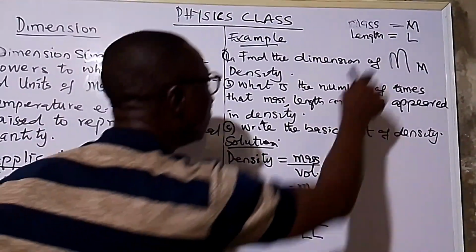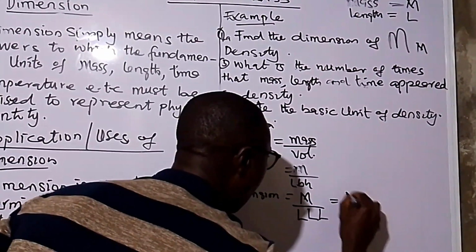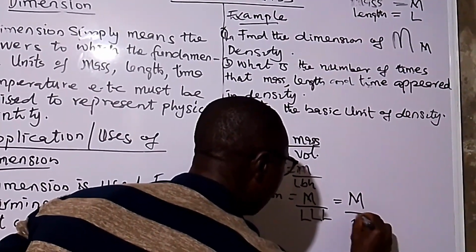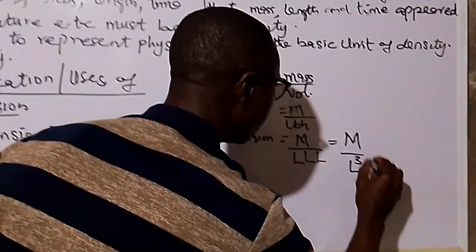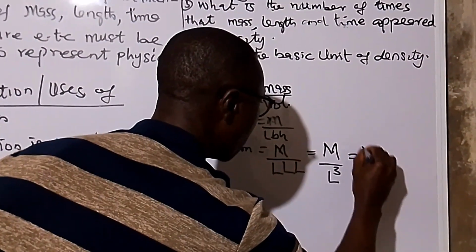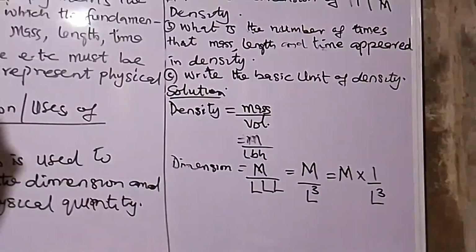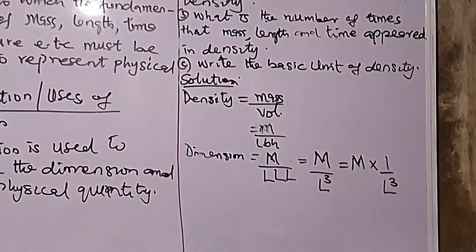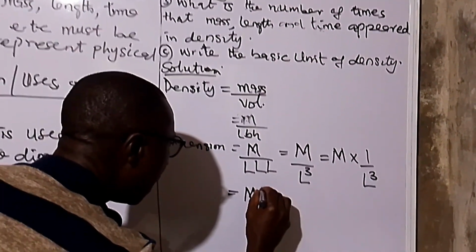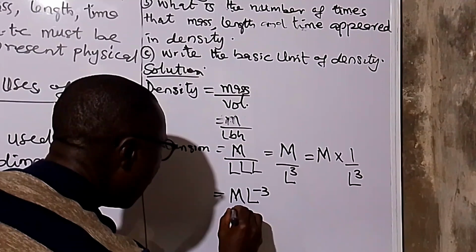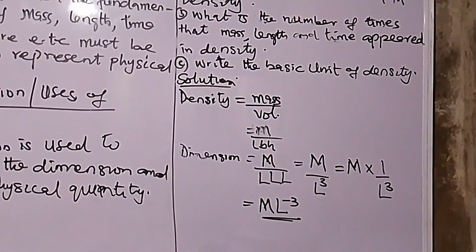H will be related to length, that will be L again. Then we are going to have M over L cube. Now apply the law of indices. This will give us M multiplied by 1 over L raised to power 3, and 1 over L raised to power 3 in indices is L raised to power minus 3. The dimension of density will now be written as M L raised to power minus 3. That's the dimension of density.